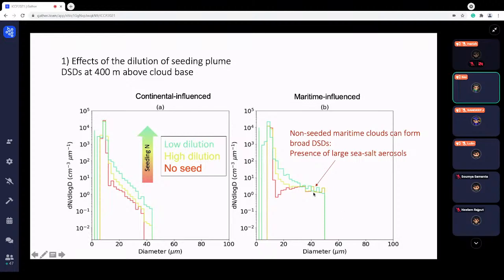The cloud can already produce a relatively wide tail without seeding because of the abundant large sea salt aerosols in the background. It is also noticed that the seeding increases the droplets between 15 and 35 microns, which are important sizes for the collision coalescence in subsequent cloud development.